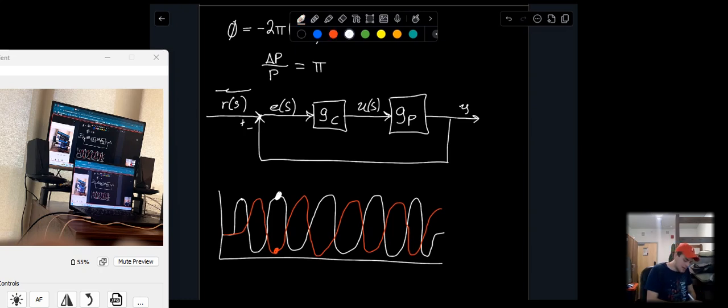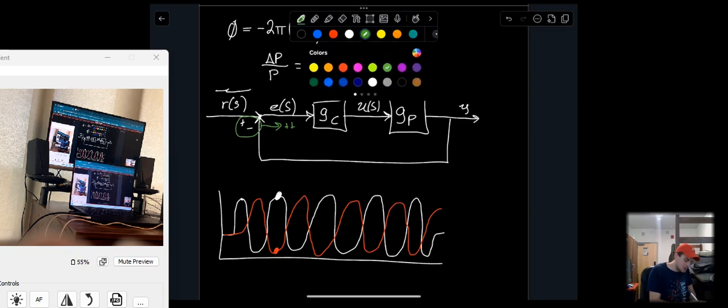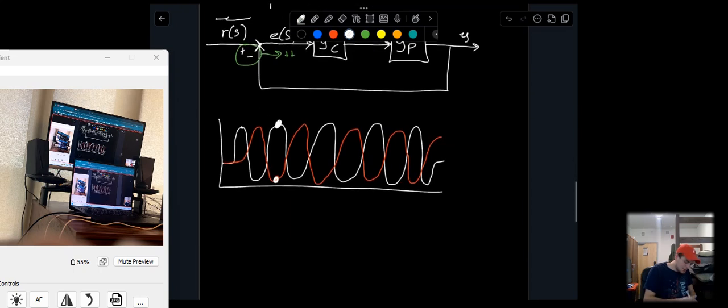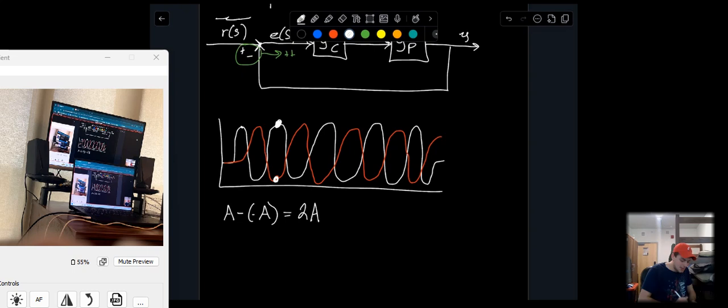That would be fine if on the control block diagram we had a positive right here, but we don't. We give it positive and negative, which means that as this signal comes in completely opposite of this signal, I'm taking a positive of some magnitude A and subtracting a negative with some magnitude A, which means I have a continued growth of that output.